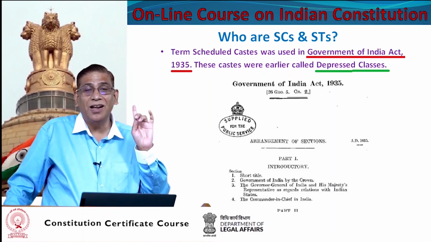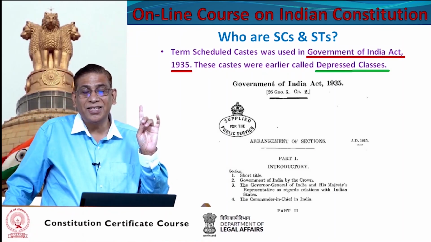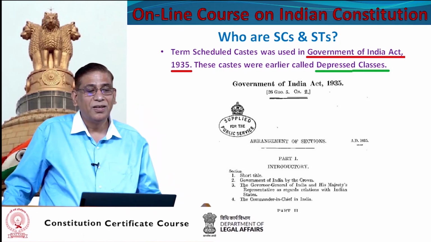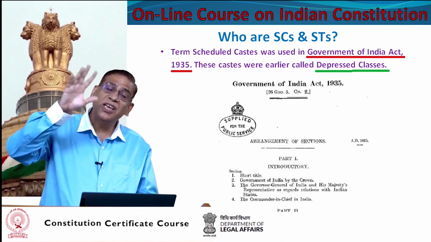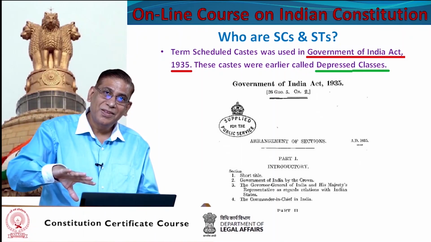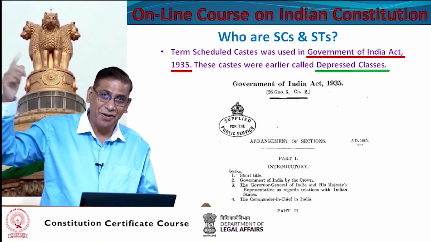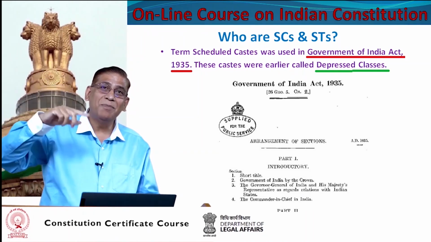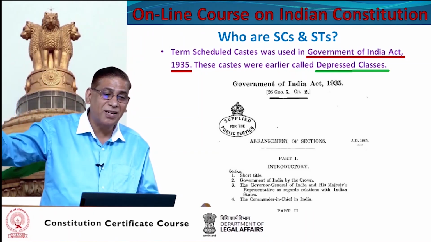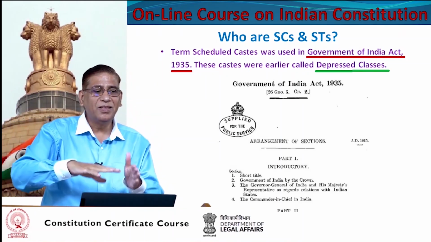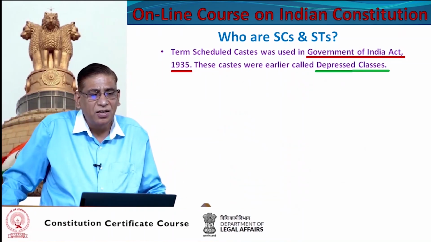That's why in one of the earlier lectures I had said Government of India Act 1935 is very important. That's why we are discussing it in detail. These are the very same castes which were earlier called depressed classes. I referred to Poona Pact and Ambedkar being the leader of depressed classes. So what were earlier called depressed classes, they are now becoming scheduled caste.